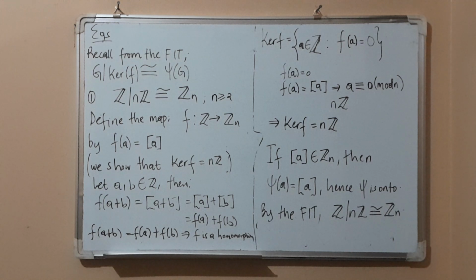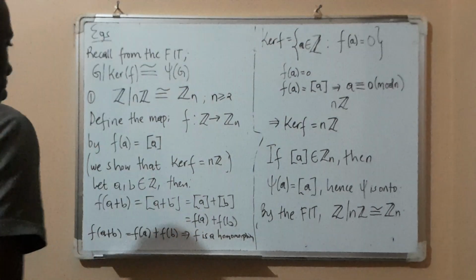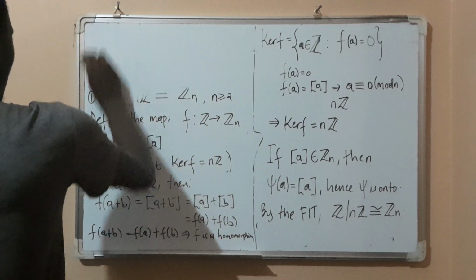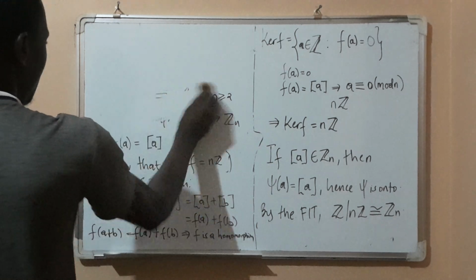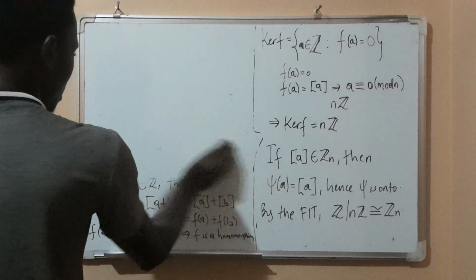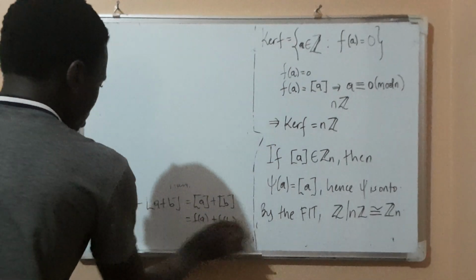We are going to take another example of an important group. Example 2. In fact, I should leave this as an assignment. Try to check and see whether you have understood.